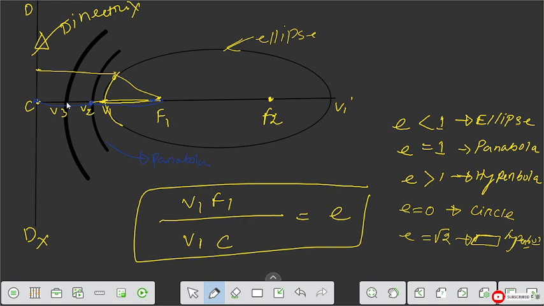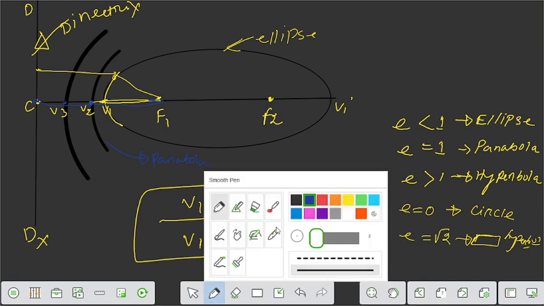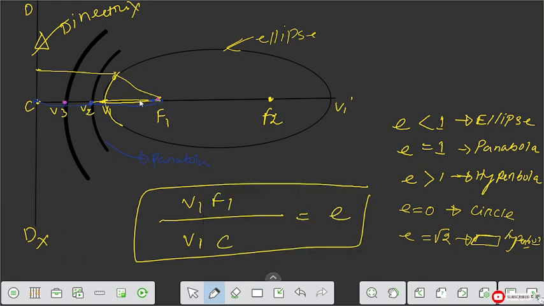Next, this point to this point divided by this point to this point is greater than 1, that means eccentricity is greater than 1 for a hyperbola. Okay, clear.